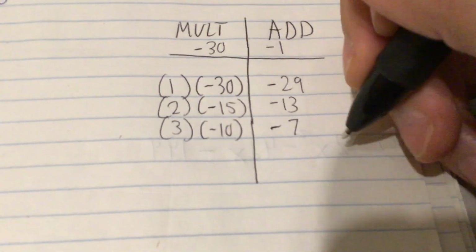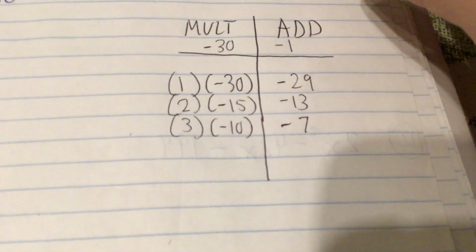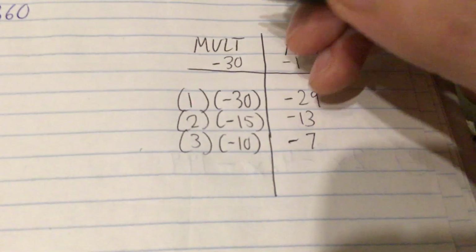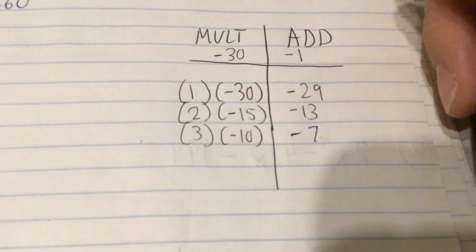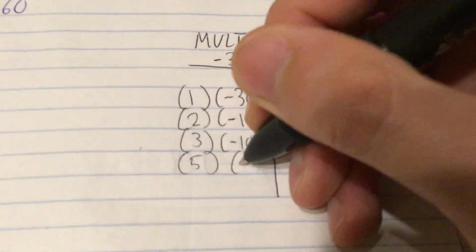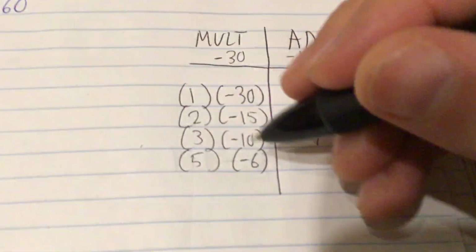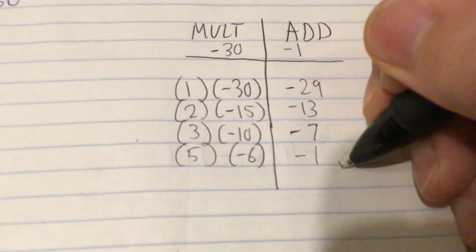But notice we're getting closer to negative 1. Can I divide by 4? No. Can I divide by 5? Yeah. 5 and negative 6. 5 times negative 6 is negative 30. But 5 plus negative 6 is negative 1. We have a winner.